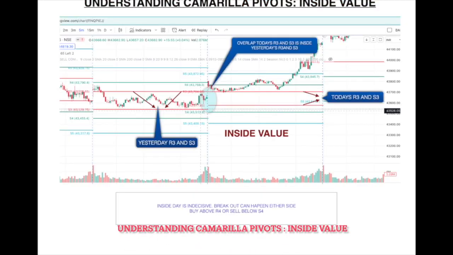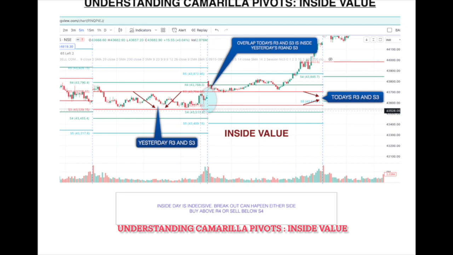Now, the next relationship is the inside value relationship. What is the inside value relationship? Today's R3 and S3 is inside yesterday's R3 and S3. Again, we have three situations.